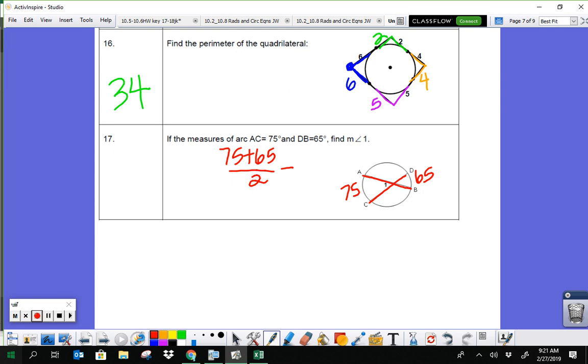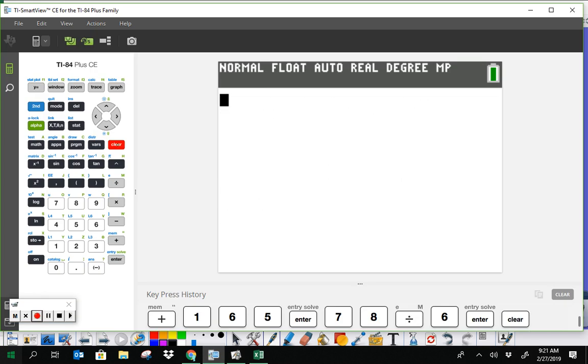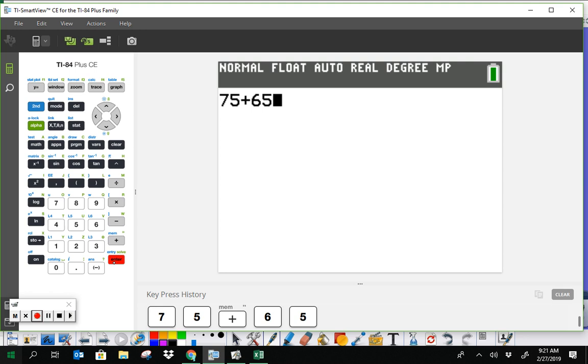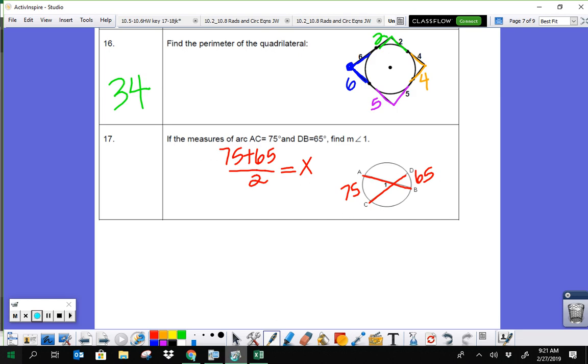And I'm going to divide by 2, and that's going to get me what the measure of that angle is. So 75 plus 65 is 140. And if I divide that by 2, then both of these angles inside here are going to be 70.